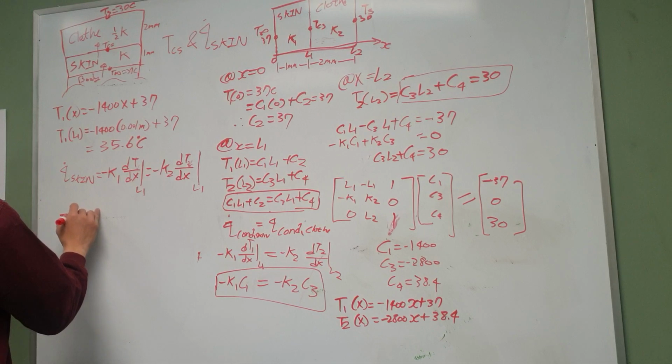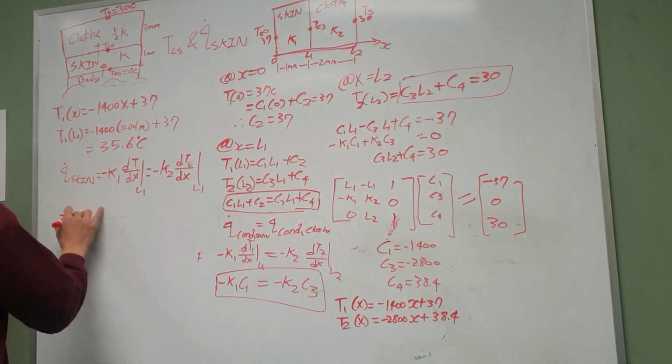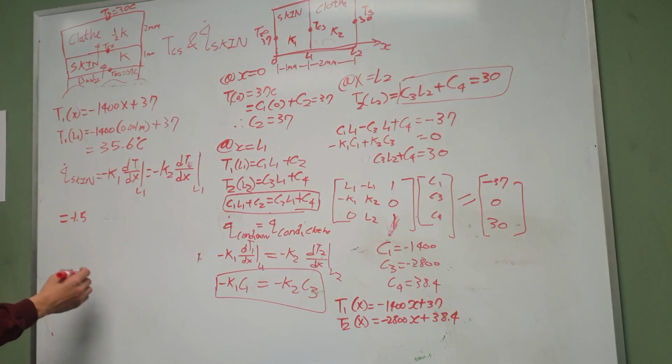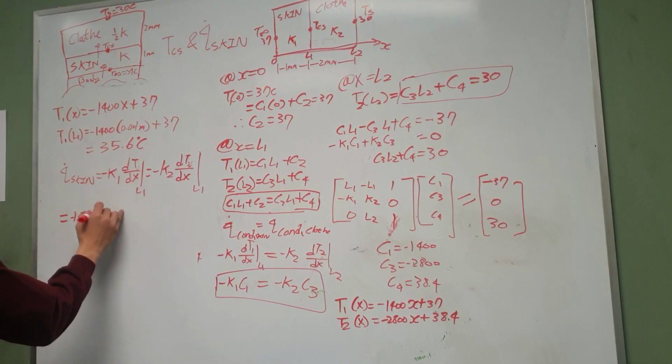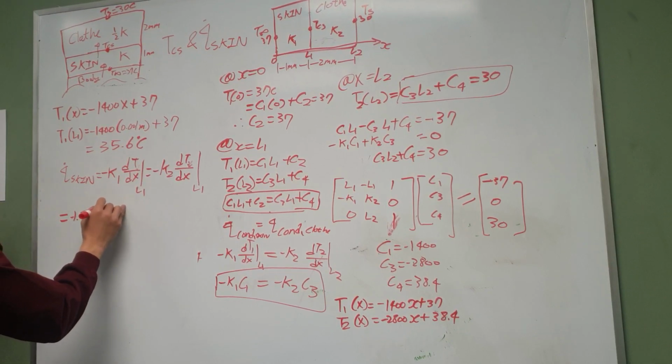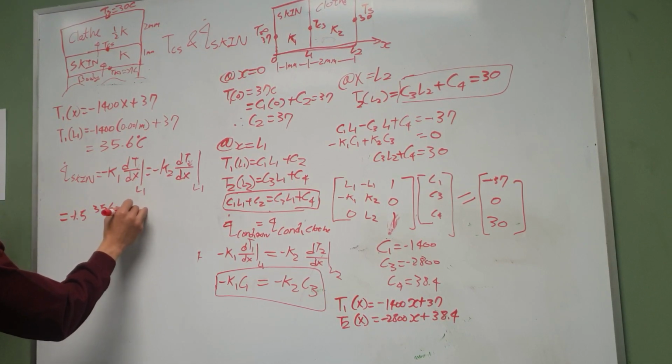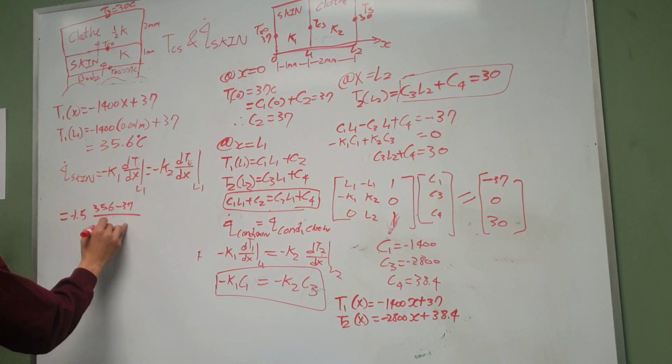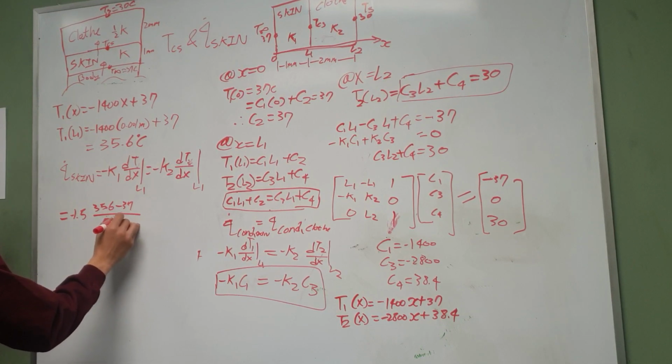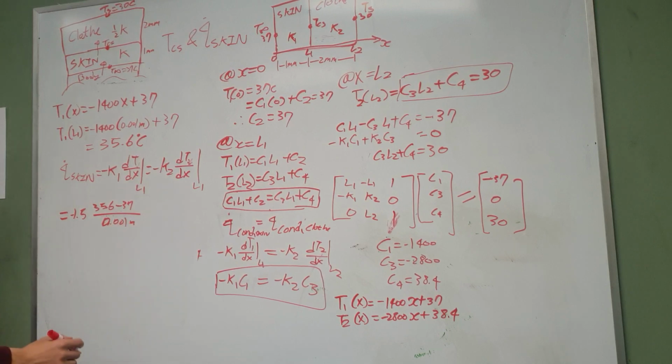So we can do K1, which is 1.5, times 35.6 minus 37, over dx, which is 1 millimeter, 0.001 meter.